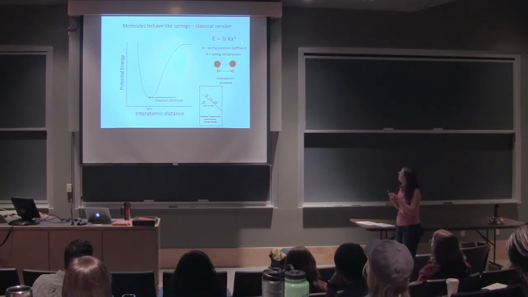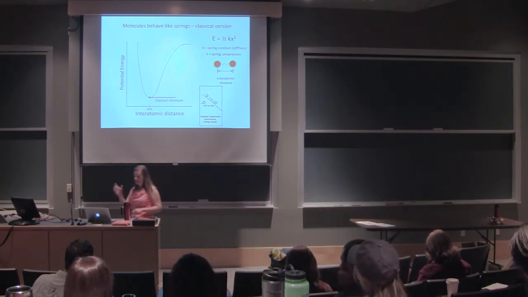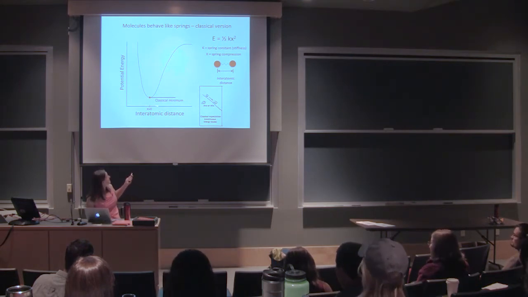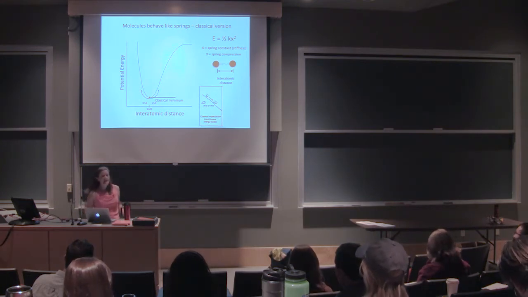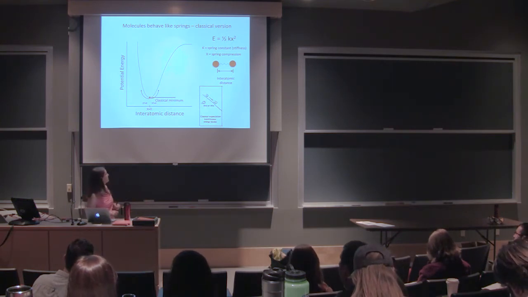We have our basic energy equation for that spring, that simple harmonic oscillator. And if you have a bond, you have some set interatomic distance. If you compress it, you move up the energy well, you give it some potential energy. If you stretch it out from its happy central place, you also give yourself potential energy. And just like with thermodynamics and chemical equilibrium, we're striving towards our lowest energy state.